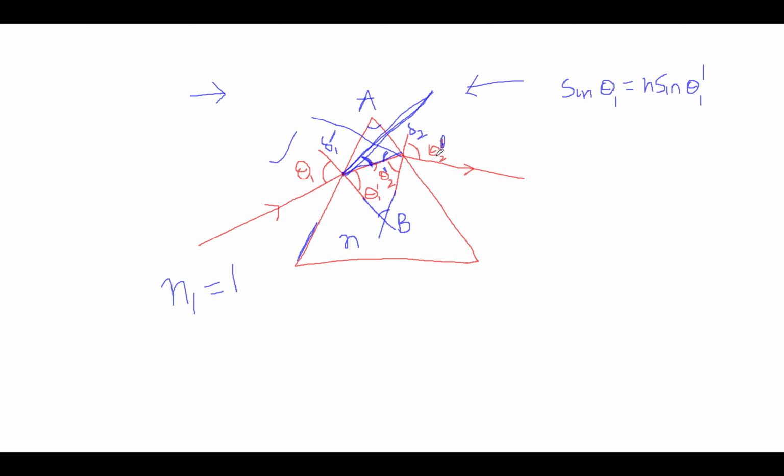So this is theta 2, this is theta 2 prime. If I want to write Snell's law for the outgoing beam, then that would be n sine theta 2 prime, because now the incident ray is in the refractive medium, and this should be, there's no n here because it's going out into the air.